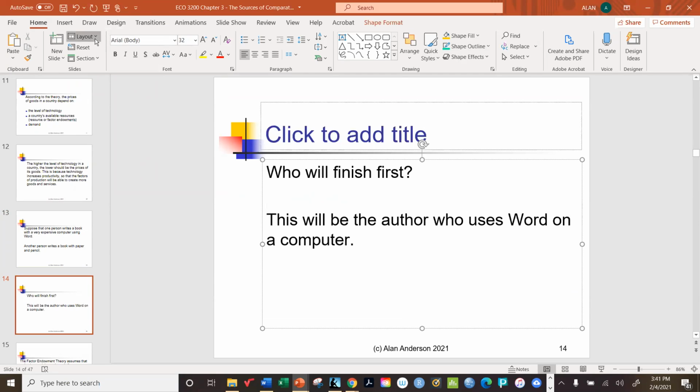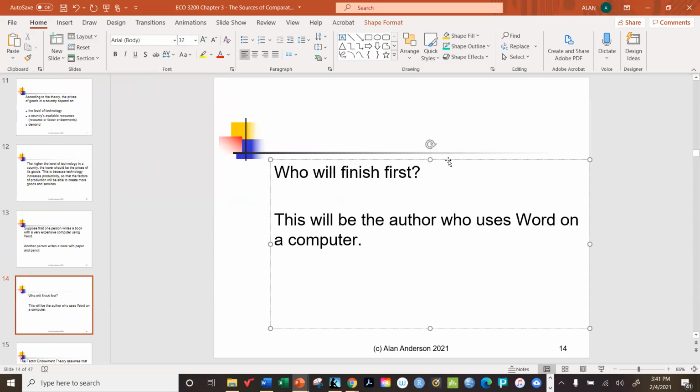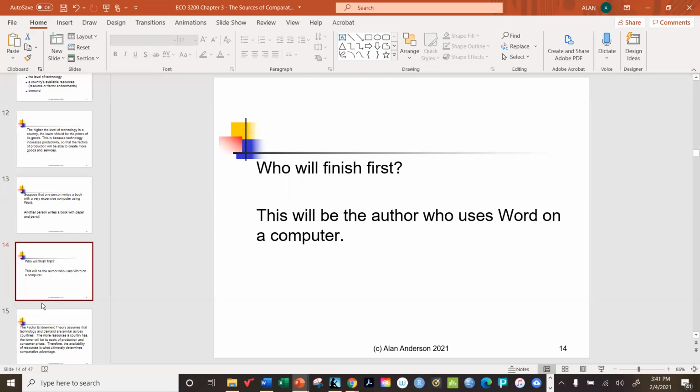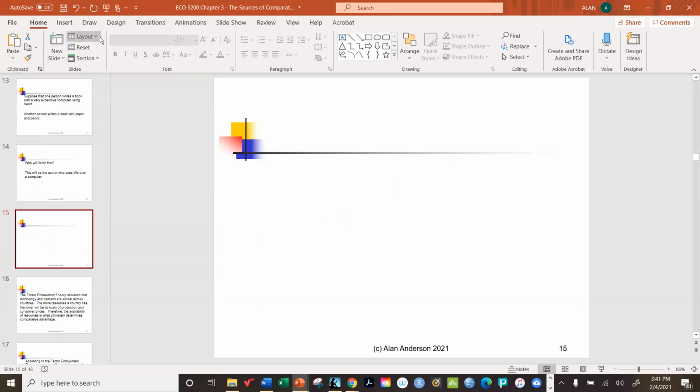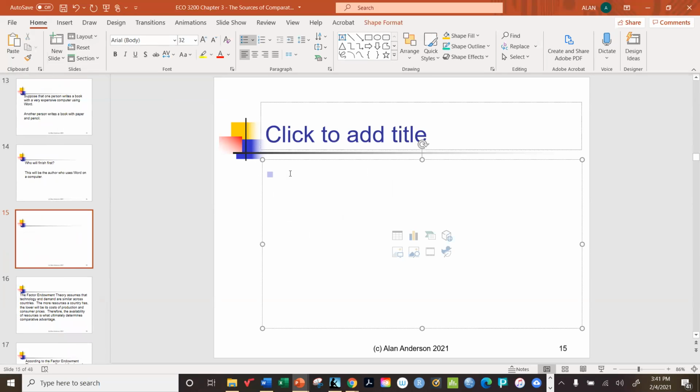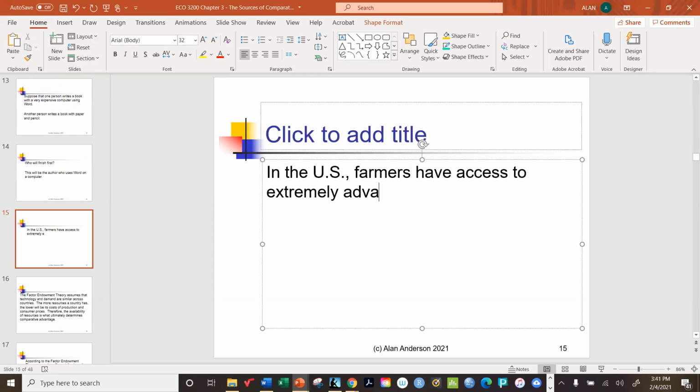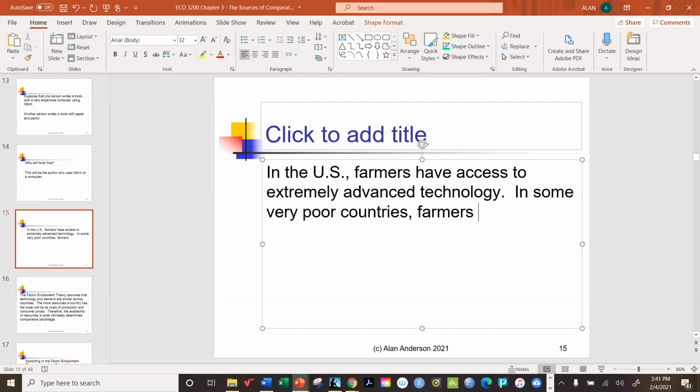But think about this in terms of countries. So now let's think in terms of, in the US, farmers have access to extremely advanced technology. In some very poor countries, farmers do much of their work by hand.